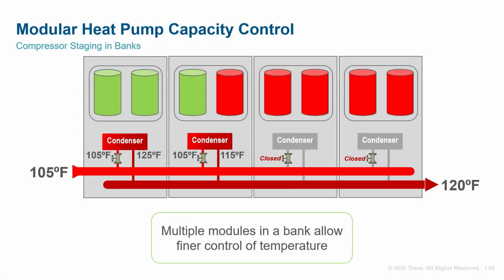Modular banks have more compressors and therefore more steps of capacity modulation. This example shows 3 of 8 compressors running. The leaving fluid from the first 2 modules mix to create the bank leaving fluid temperature. The last 2 modules are off and flow control valves are closed.